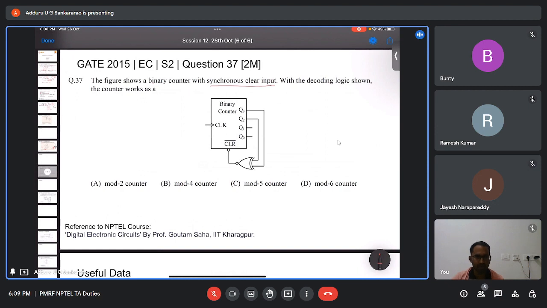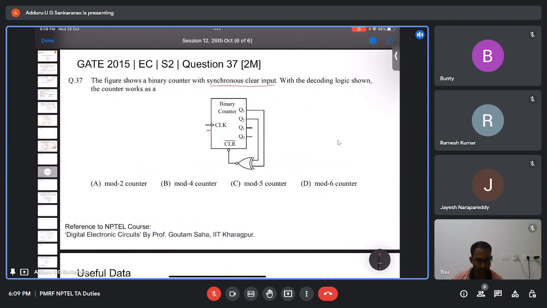They have said there is a counter, and Q0 to Q3 are the outputs of the binary counter. The outputs are connected through some XOR gate to the clear input, and there is a clock given.